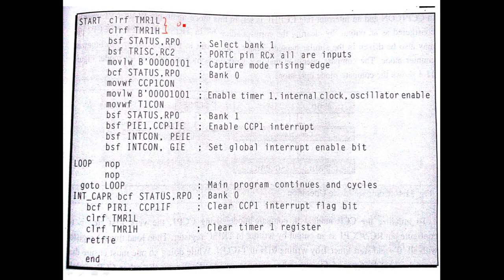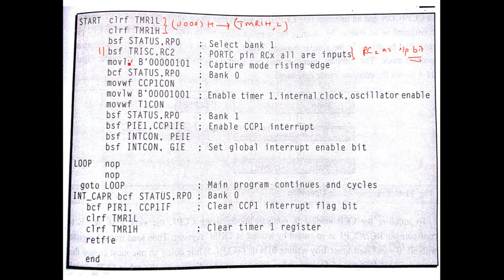So you are loading 0000 in the timer registers TMR1H and L. Then you are using the TRISC register to configure the pin as an input pin, bsf TRISC, RC2. So what is done here is the RC2 bit of port C is configured as an input bit. You know the operation and function of the TRISC register.